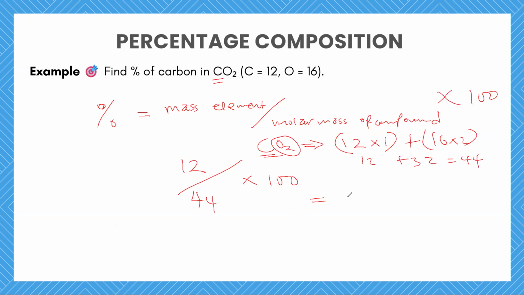So let's go ahead and punch our calculators. 12 divided by 44 times 100 gives us 27.273%. This is the percentage composition of carbon in CO2.